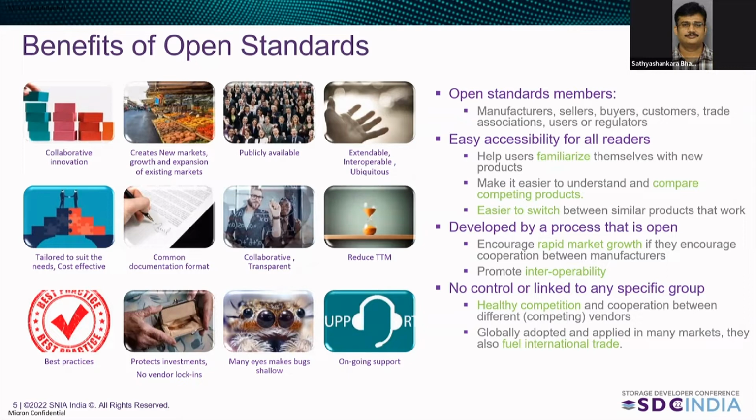Interoperability across software, hardware, and the overall stack becomes a byproduct of it. No one organization controls, and these standards are formed by cooperation. There is healthy competition between vendors, and no monopolies are observed. And since these standards can be applied globally, they also propel international trade.